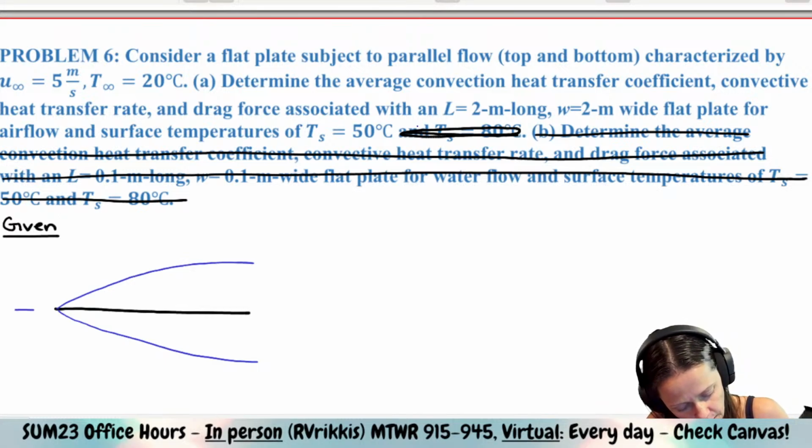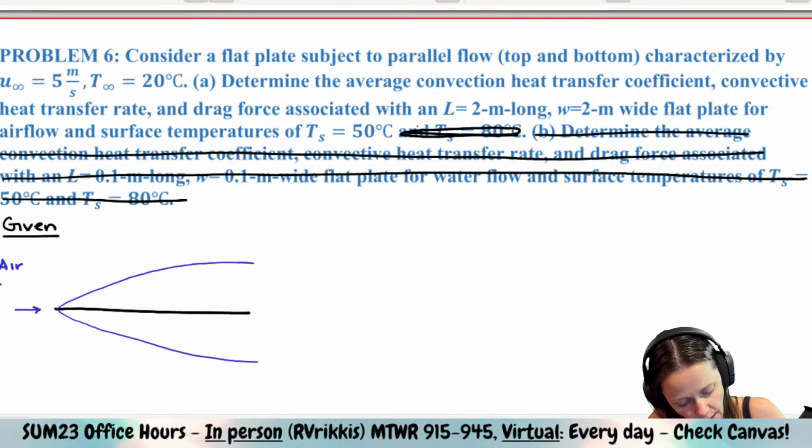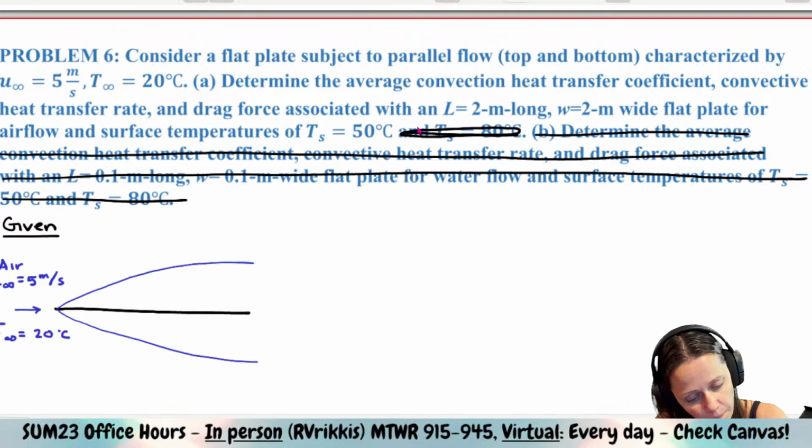So we have air, top and the bottom. We have a U infinity of 5 meters per second. We have a free stream temperature of 20 degrees Celsius. And we want to find some things.